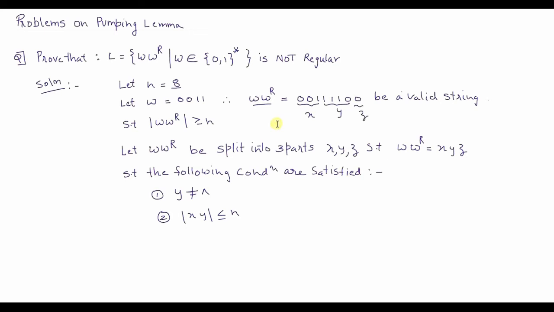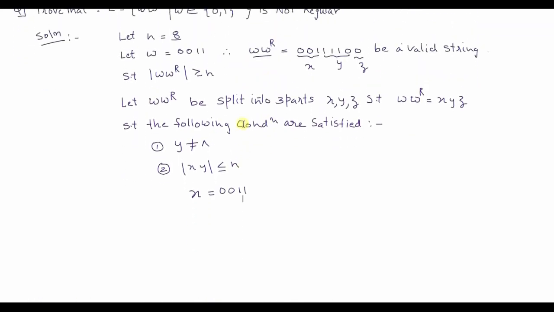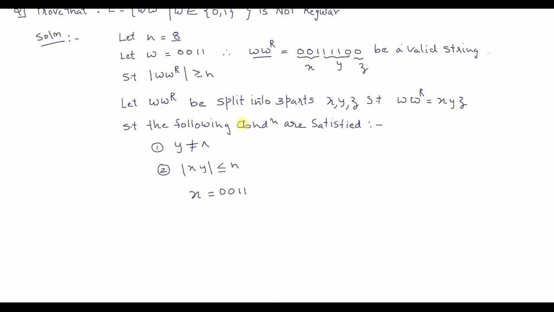So x equal to 2 zeros, and a single 1, not 2 ones. x is 2 zeros and a single 1.